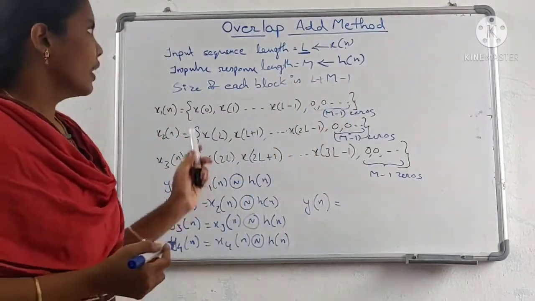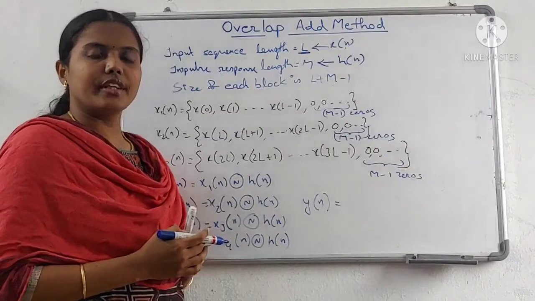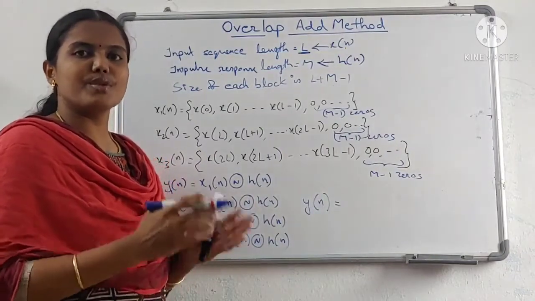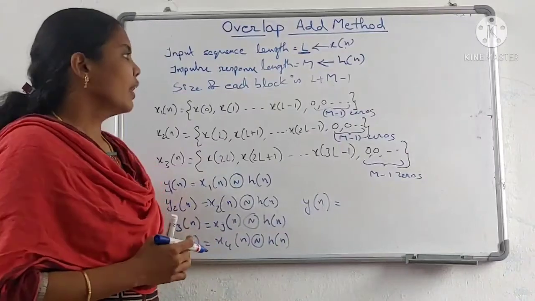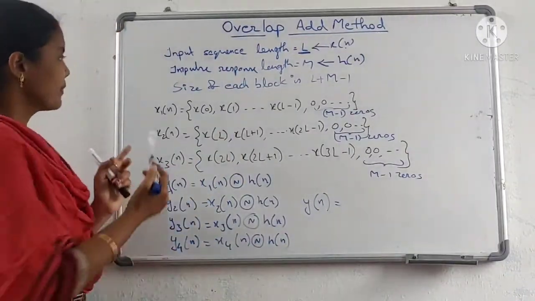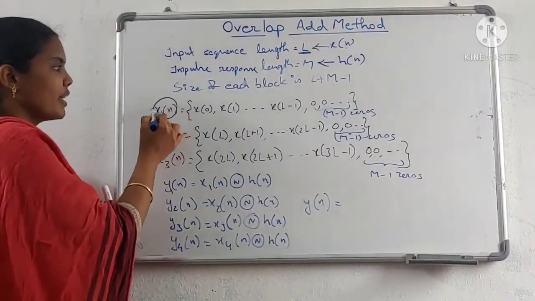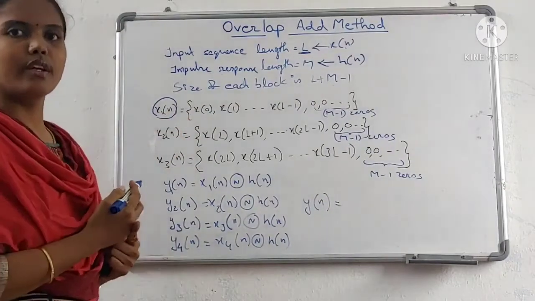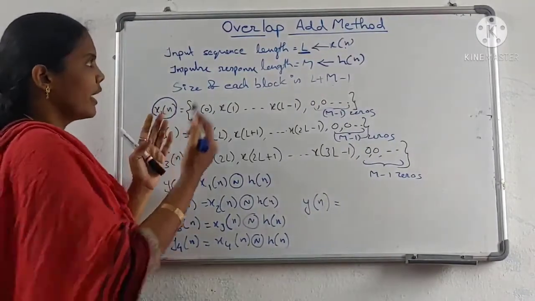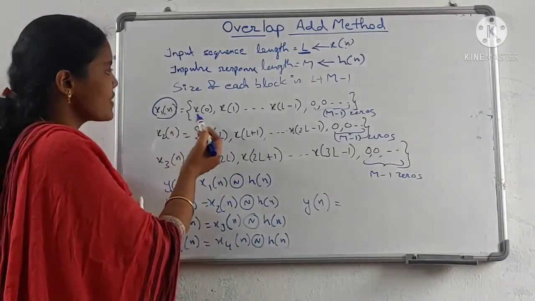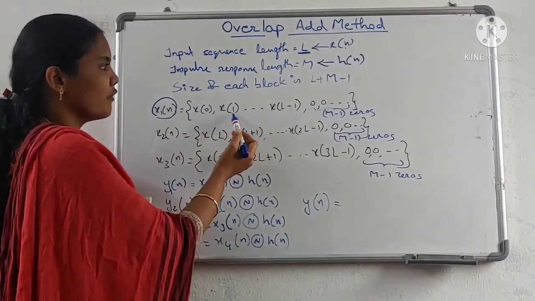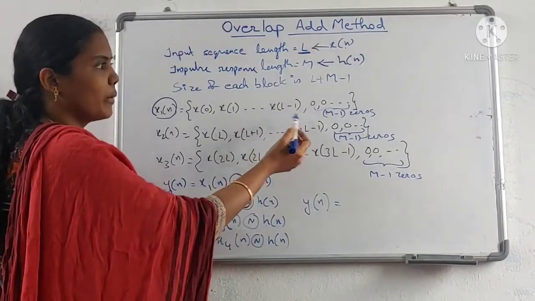In the overlap add method, the entire input sequence is divided into different blocks of data. So the first block of data is x1 of n. I am dividing x of n into different blocks, so x1 of n is equal to x of 0, x of 1 and so on up to x of L minus 1.